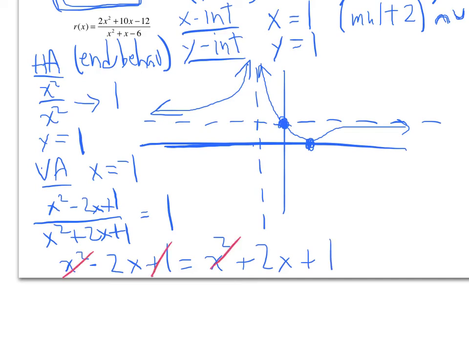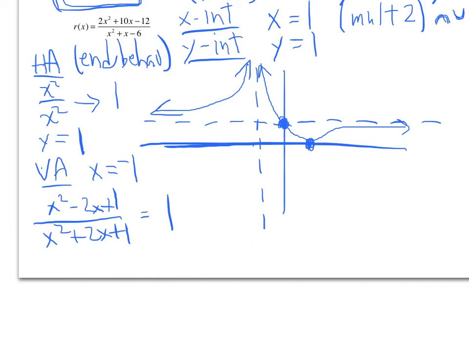The 1's cancel out, and so we end up with negative 2x equals 2x, and the only way that can be true is if x equals 0. We only get one value of x for which the rational function crosses the horizontal asymptote, and that's the one we already knew about. So that's how you show whether or not the horizontal asymptote is crossed by your graph and find out exactly how many times it crosses.